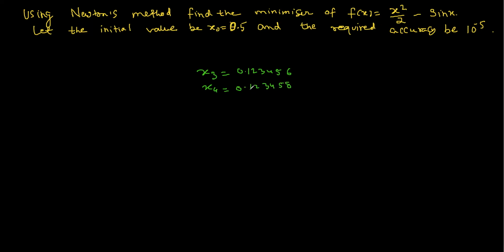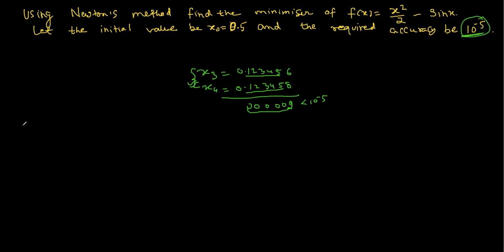So you can see the first 5 decimal places are the same. When you subtract these, always take the absolute value, you will get 0.000002, and this is less than 10 raised to minus 5. Understood? Yes.